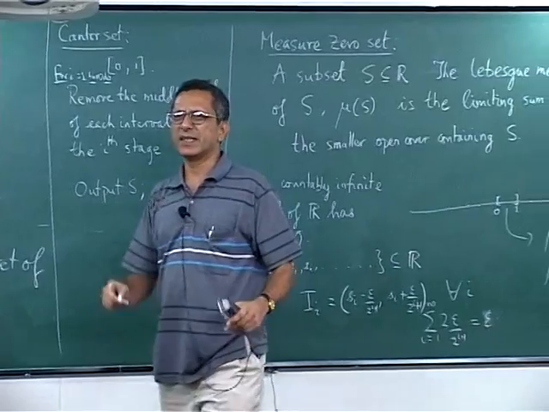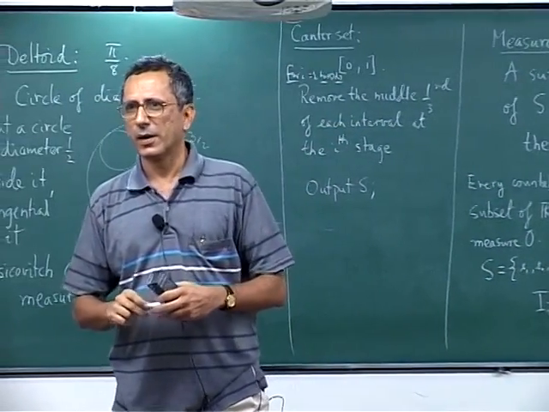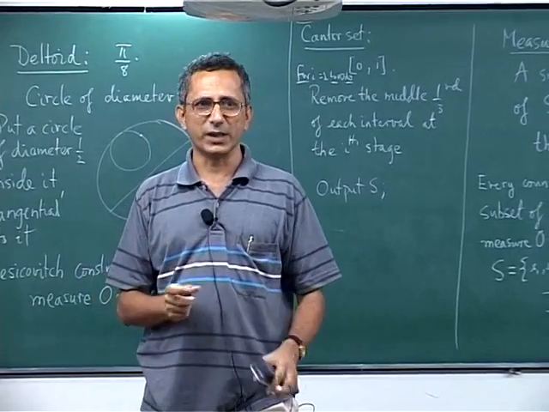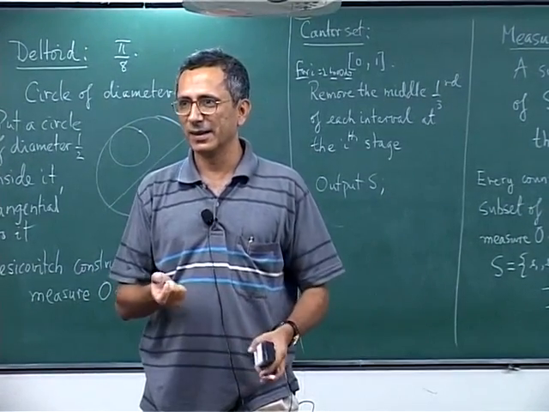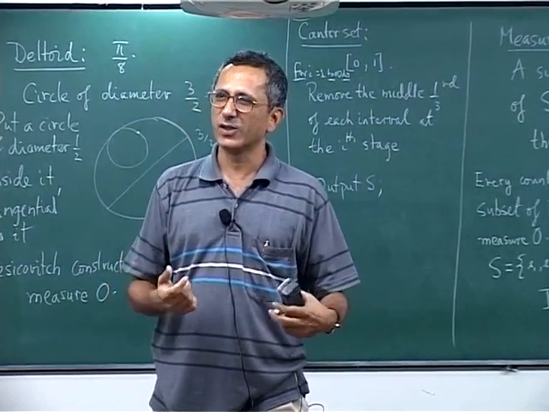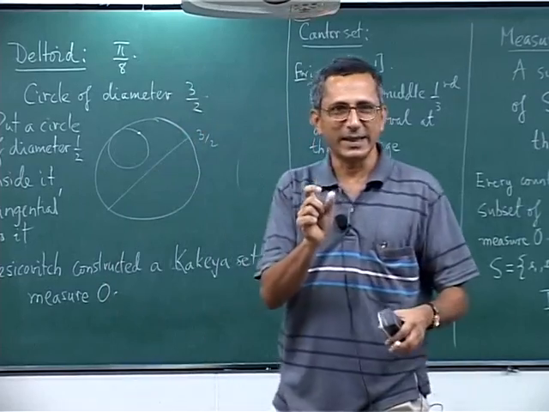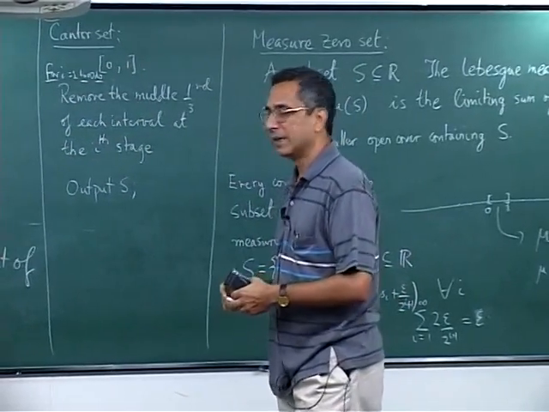So it is easy to argue that the Cantor set has measure 0, because if it has a non-zero measure, you must be able to put some open interval inside it, but you are removing the middle 1/3 from every interval at every stage. So you can figure out that it cannot contain any open interval at all, so it must be of measure 0.